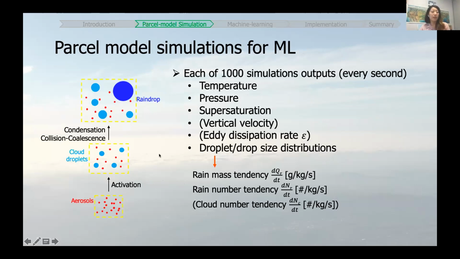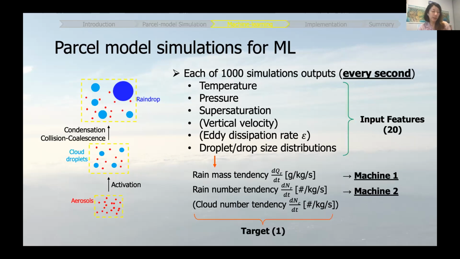So from this droplet size distribution, I was able to get rain mass tendency dqr dt and rain number tendency dnr dt. And so those were what we wanted. For our study, rain is defined as droplets having radius larger than 100 microns.